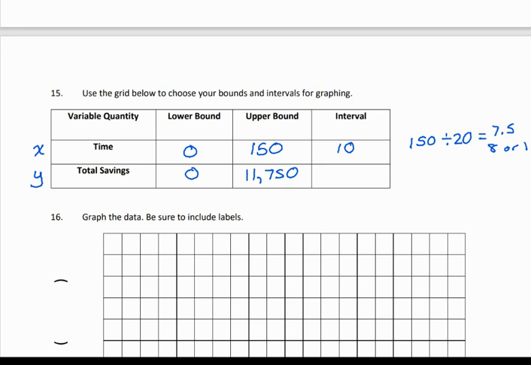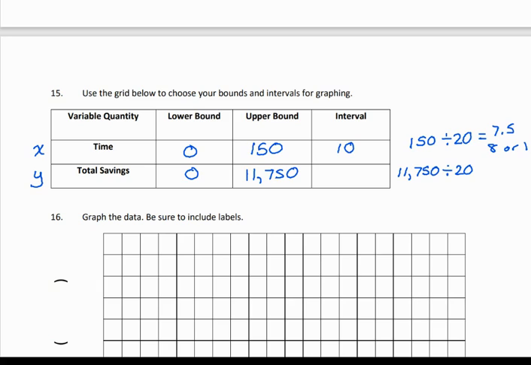The bell's going to ring in a minute. Please, let's finish this last line here, okay? So now for the interval for savings, I take the upper bound, which was 11,750. And again, I'm dividing by 20. 20 is not just a number I always do.